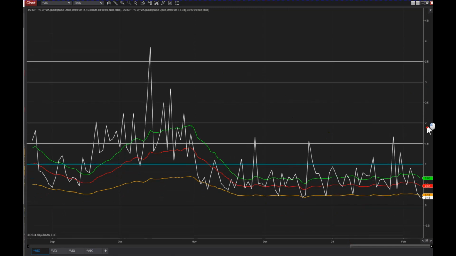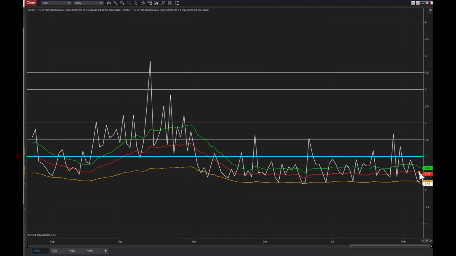And you can get an estimation of how low we are in the volatility world by looking at this distribution, one being 100% of the daily range, and my distribution, the 1, 2, and 3: 34%, 68%, 95%.